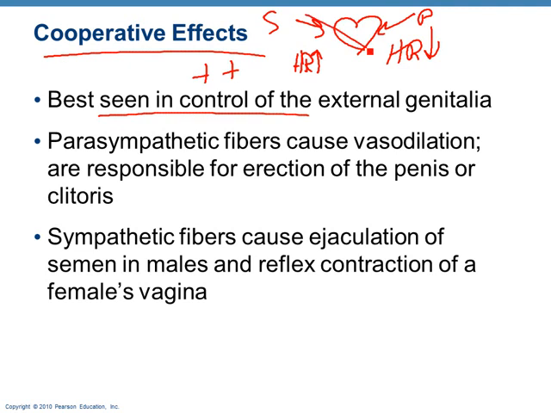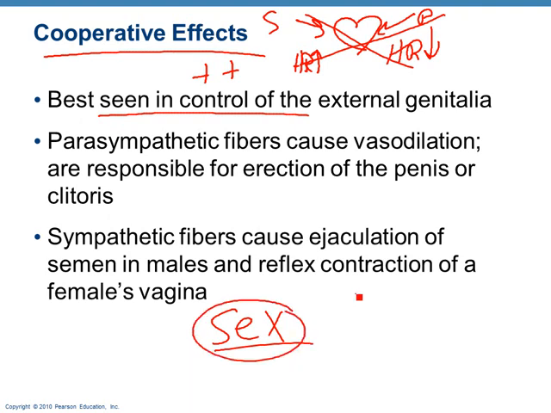The main one where you see them work together to cause the same thing is during sex. Okay? This is when both parasympathetic and sympathetic work together to cause arousal and ejaculation.